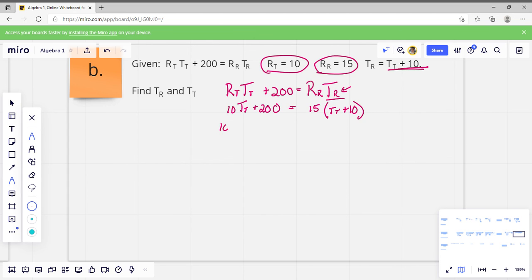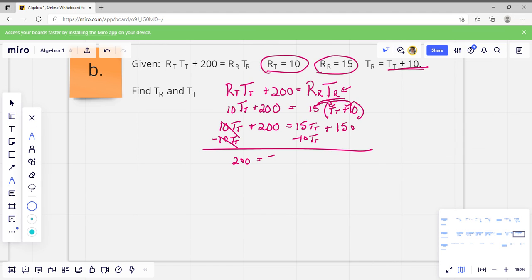Alright, so now I have 10 TT plus 200 equals, now I got a rainbow right here, 15 TT plus 15 times 10, which would be 150. Now I got to get my T's together, so I am going to subtract 10 TT, and I get 200 equals 5 TT plus 150.